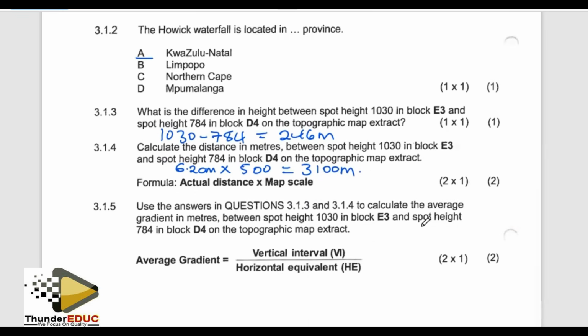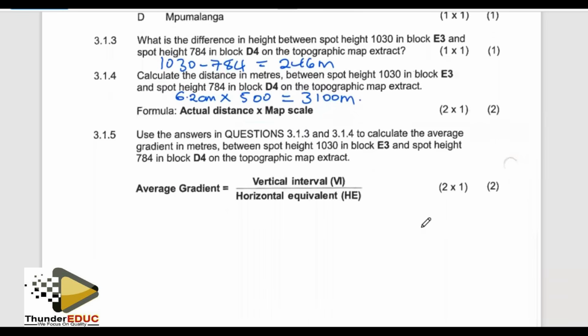Then 3.1.5, they say use the answers in questions 3.1.3 and 3.1.4 to calculate the average gradient between the two spot heights. So 3.1.3, our answer is 246 meters, and 3.1.4, our answer is 3,100 meters.